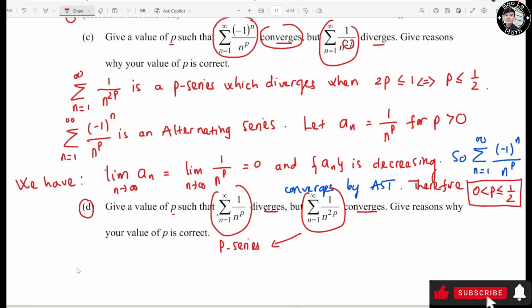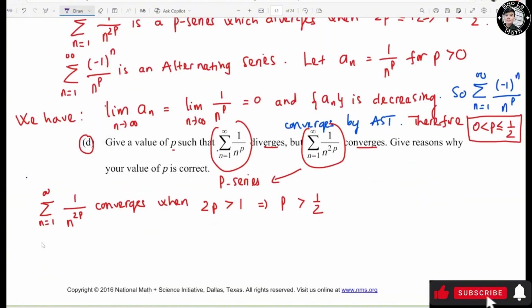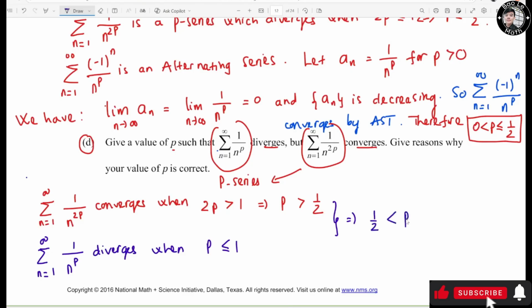So the p series converges when 2p greater than 1, then p greater than 1 half, right? The other series diverges when p less than or equal to 1, right? We're gonna combine these two. So 1 half less than p less than or equal to 1. This one is the final answer.